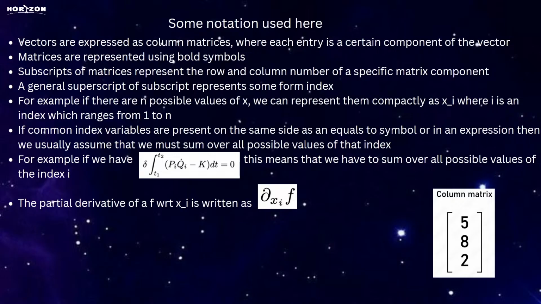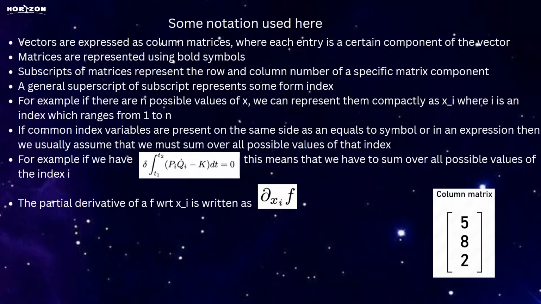The subscripts of matrices represent the row and column number of a specific matrix component. Suppose you see a matrix with the name M with a subscript i, j written on it. We are referring to the component of the ith row and the jth column of the matrix. And a general subscript represents some form of index, as we'll see in the examples.